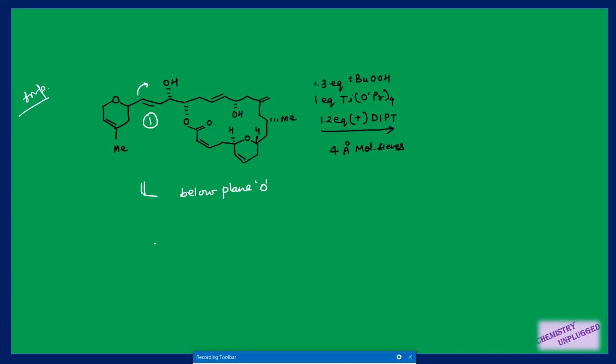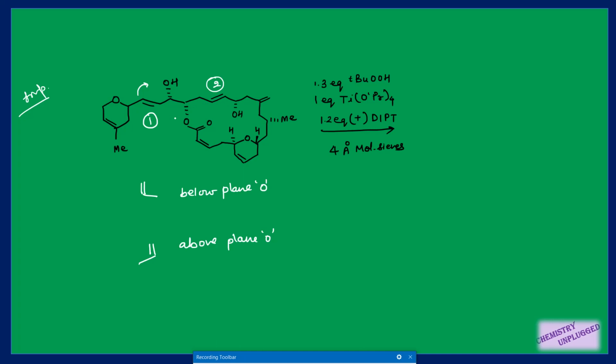And for this one, when you rotate it, your bond is going downward, so it will come on the left hand side, right. And with plus DET you will get above-the-plane oxygen. So these two possibilities can be there, but only one allylic alcohol is participating in the reaction. Suppose this is 1, this is 2, out of these two one is not participating.